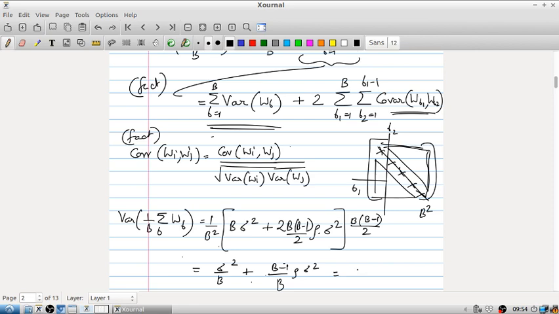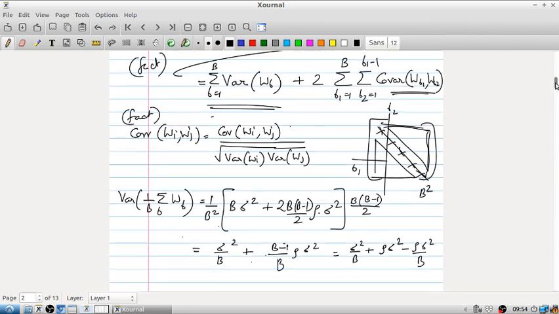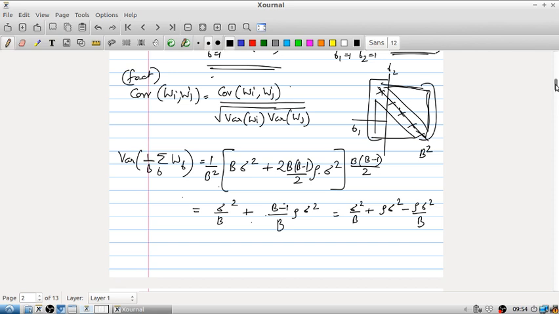Okay, so let's see. It's going to be sigma square by b plus rho sigma square minus rho sigma square by b. So I just split the second term into two parts. I can do that. Right, and I just want to stop here and point out that one of the terms doesn't depend on b.